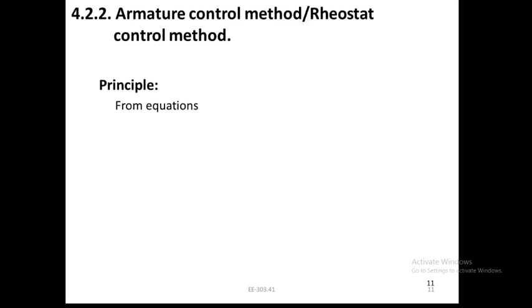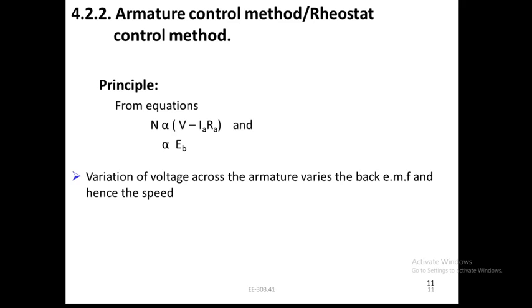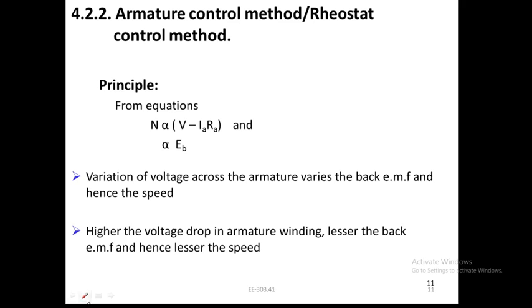Here we talk about the armature control method, or rheostat control method. In the armature control method, N is directly proportional to Eb, that is V minus Ia Ra, and that is the back EMF Eb. So variation of voltage across the armature varies the back EMF.